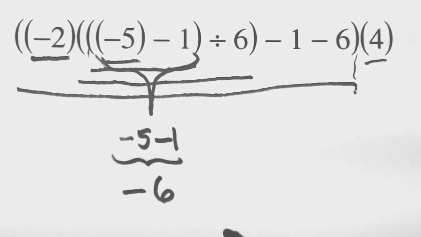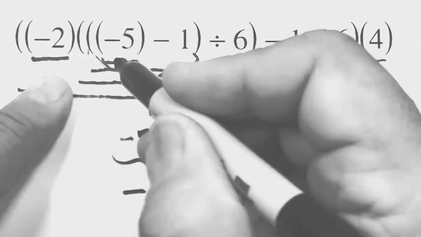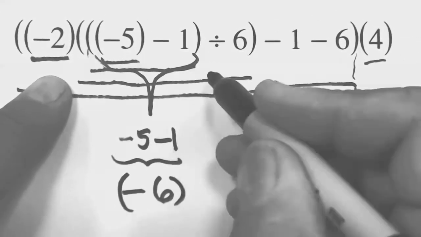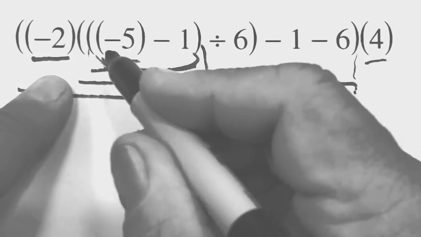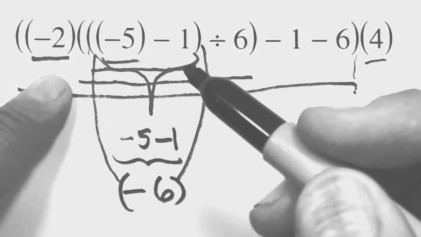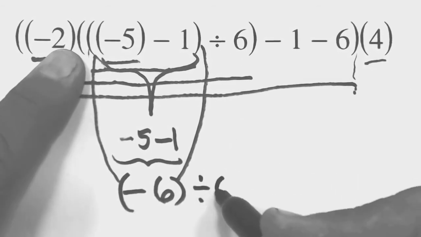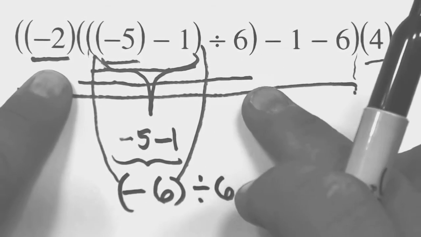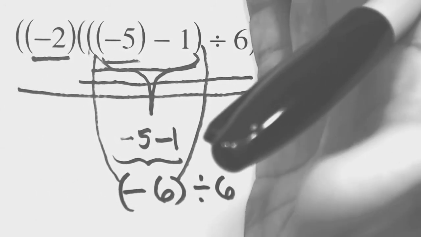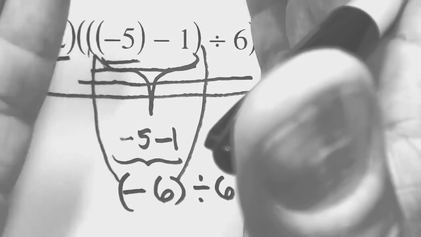Okay, now let's copy down everything else that's still inside. This, of course, was in a set of parentheses right here. Here's the right parenthesis here. Here's the left parenthesis that matches it up right here. But, of course, we still have something else inside here, the divide 6, because we were working on this big grouping symbol right here. We got to get it down to a single number.